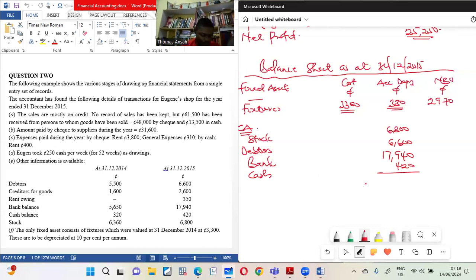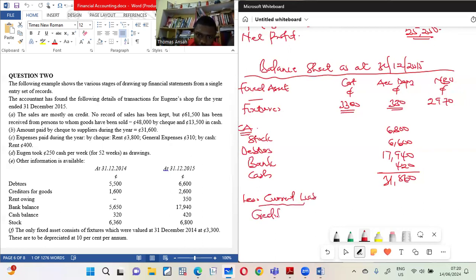So let's add them: 6,800 plus 6,600 plus 17,940 plus 420. That gives me 31,860. Let's less our current liabilities.